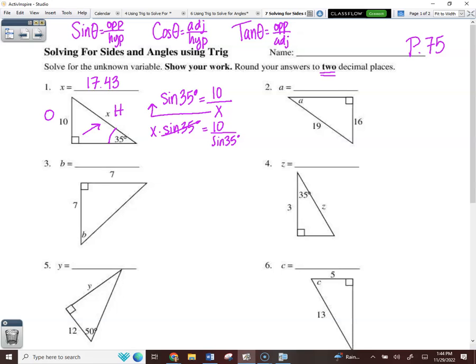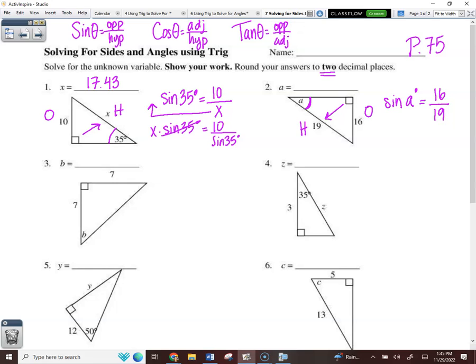All right, let's go to number 2. Label your picture. You've got a hypotenuse, and you have this angle here. And how is the 16 positioned? Opposite. So we got sine again. Set it up. Trig function. What's the angle? A, right? 8 degrees. Equals fraction bar, 16 over 19.